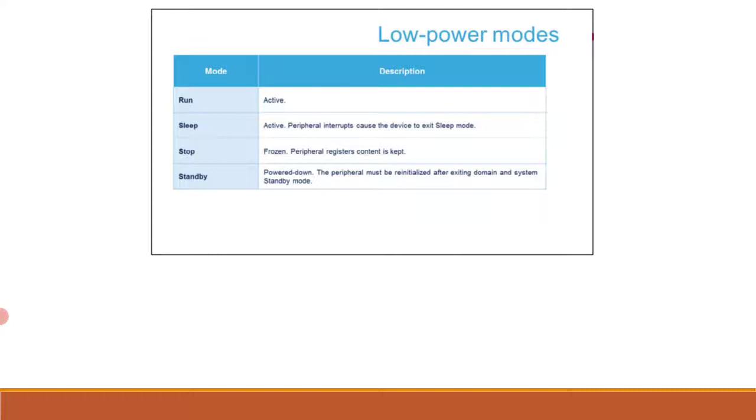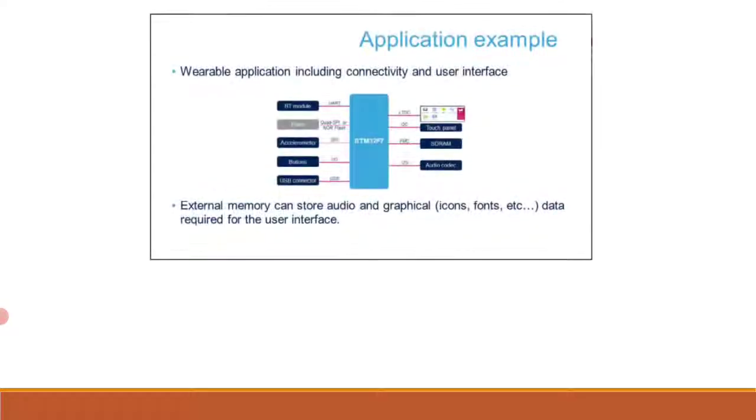On standby mode, it's obvious the peripheral must be reinitialized after exiting domain and system standby mode. The slide represents the SDRAM initialization procedure to implement in firmware. Nothing much. Now I'll come up with application examples.